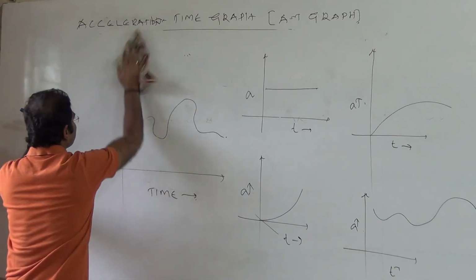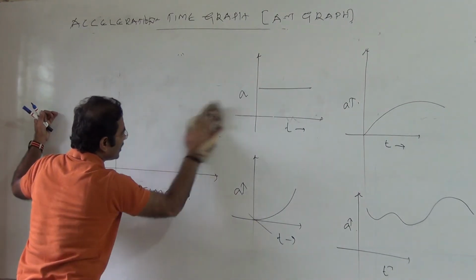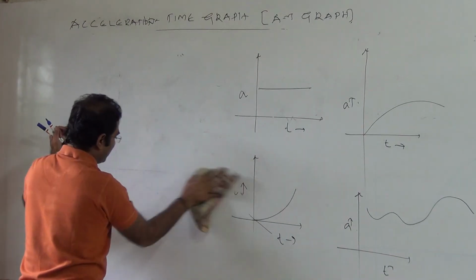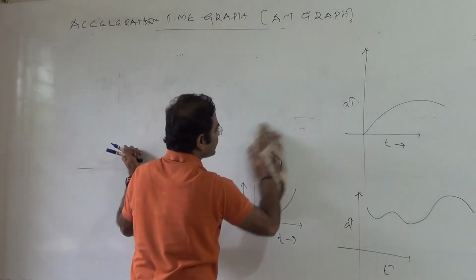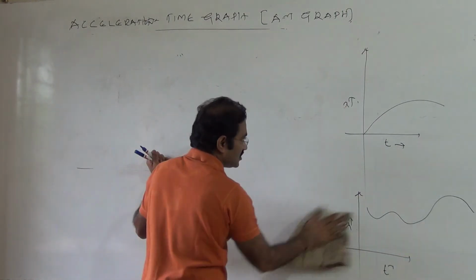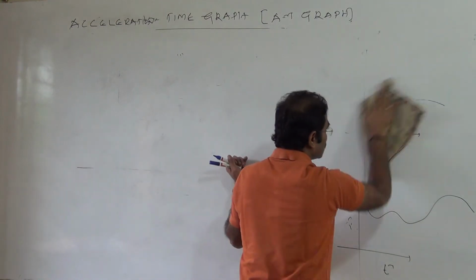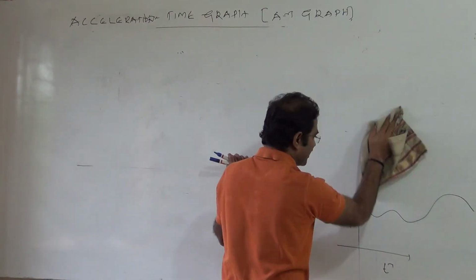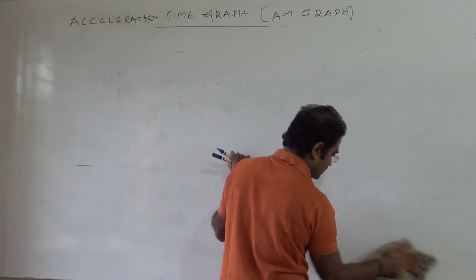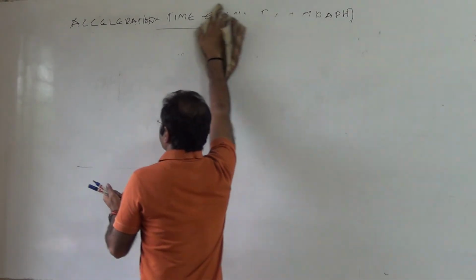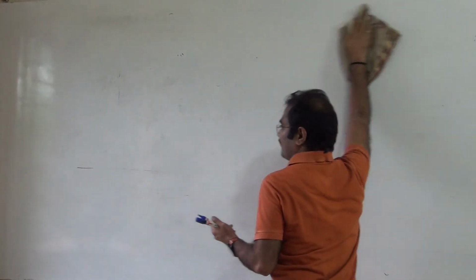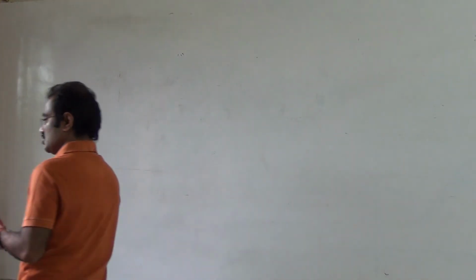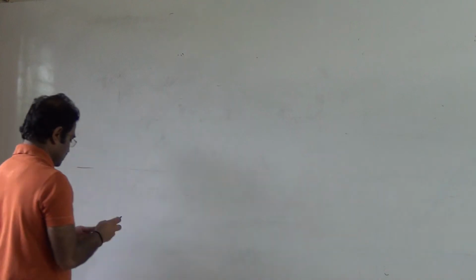This is an important question, it is called kinematics. We know that to derive the equations of the motion, the velocity time graph can be used. How the velocity time graph helps us to find the equations of the motion. Today I take one, tomorrow two more questions.